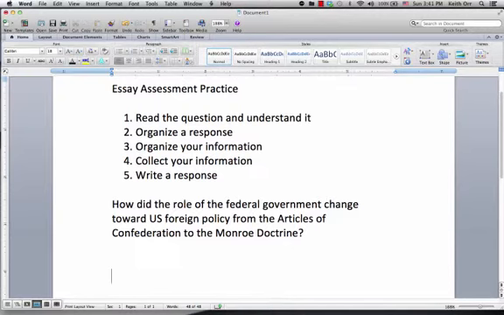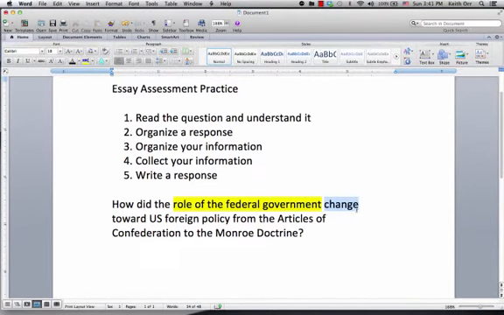So the first thing I'm looking at here is the role. How did the role of the federal government? So I'm focusing on the role of the federal government. That's one thing I'm really focused on. But it's also about change.